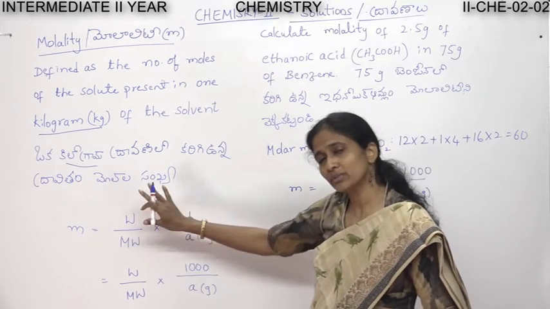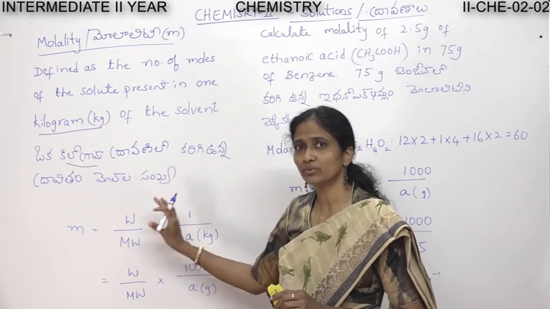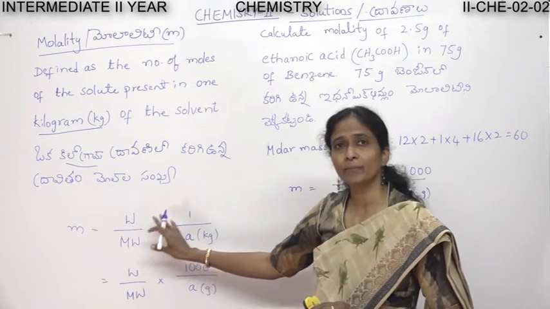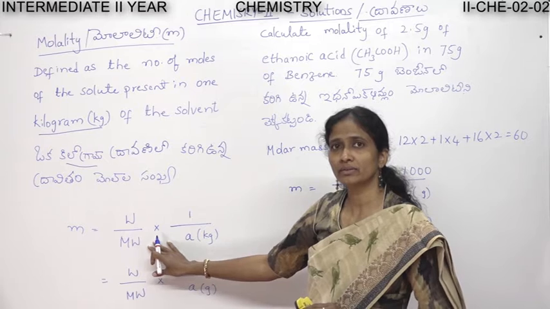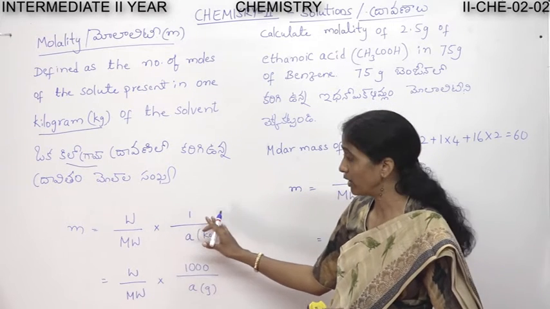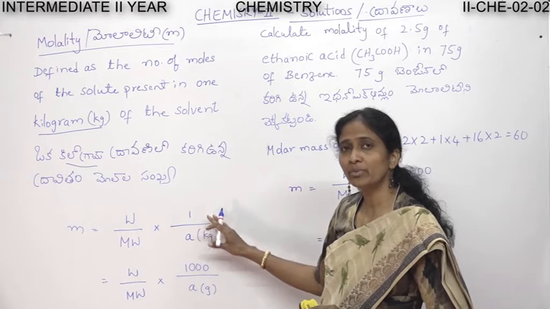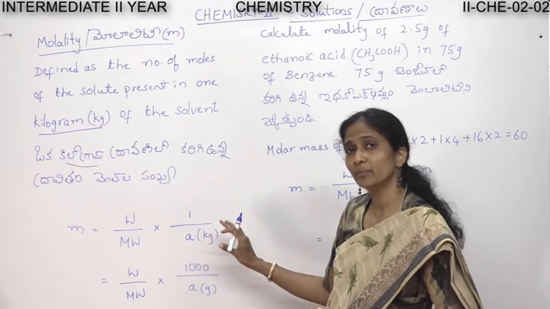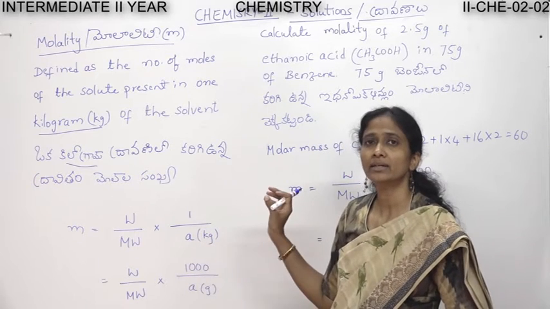When we just throw a light on the molarity formula. What is the molarity formula? Capital M equals W, that means weight by molecular weight into 1 by V in liters. Okay, into 1 by V in liters, or 1000 by V in milliliters.